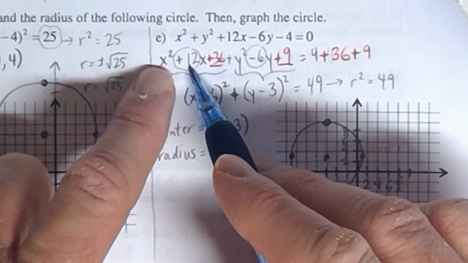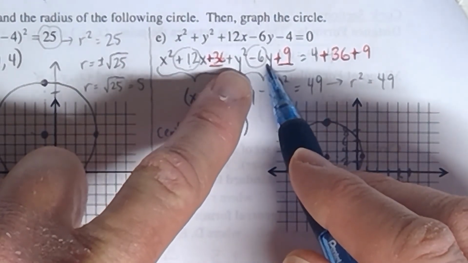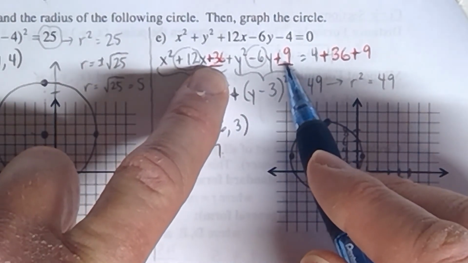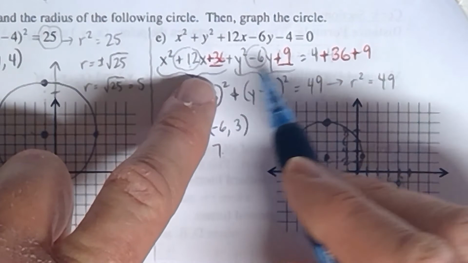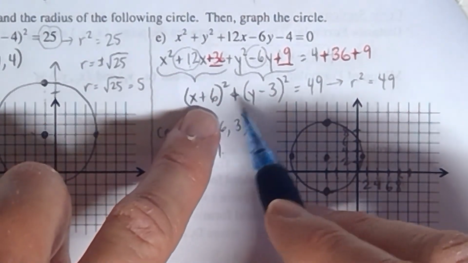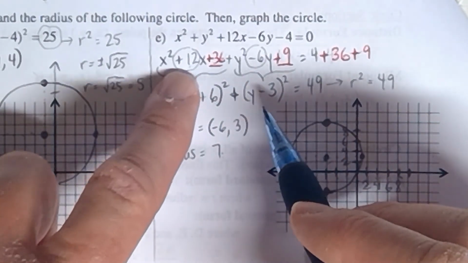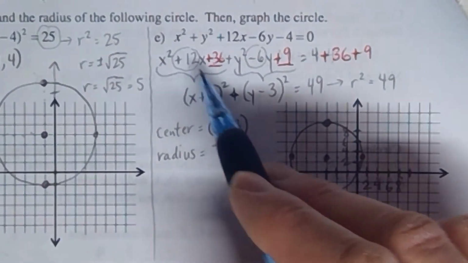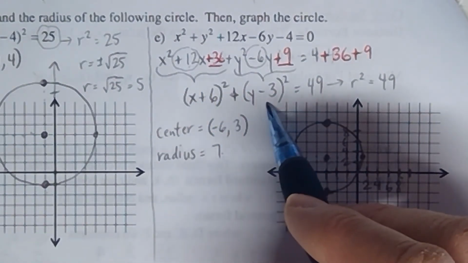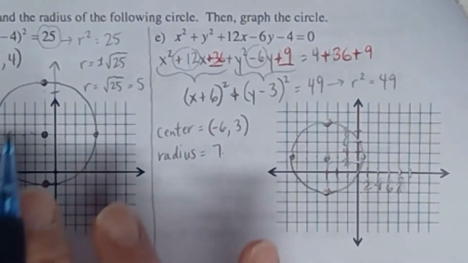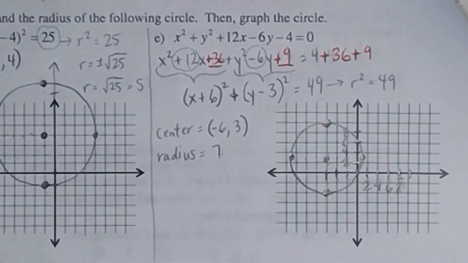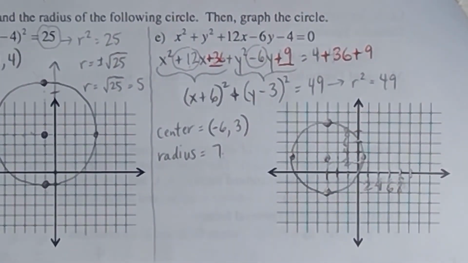Group together the x squared and the x, the y squared and the y, but leave some space to add something to those. Complete the square twice, and then do that little shortcut factoring technique I taught you where the thing that was being squared goes inside the bracket. And then it will look like the equation that it's supposed to look like. And you go from there.